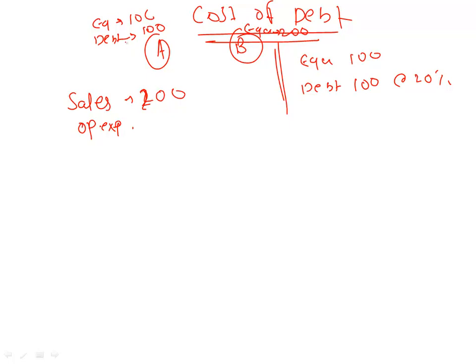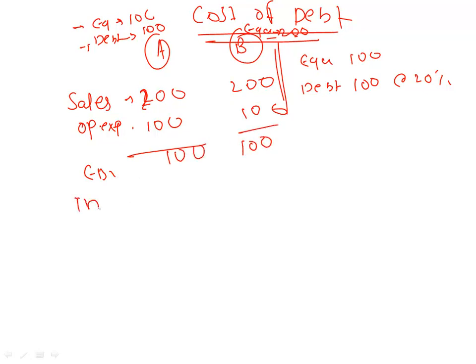Firm A has got total capital of 200, equity of 100, debt of 100. Firm B has got total capital of 200, which is entirely equity. So both of them have sales of 200, 200, operating expense of 100, 100. So their EBIT is 100 and 100. Interest cost for firm A would be 20.